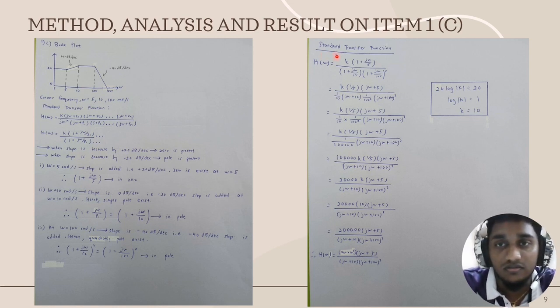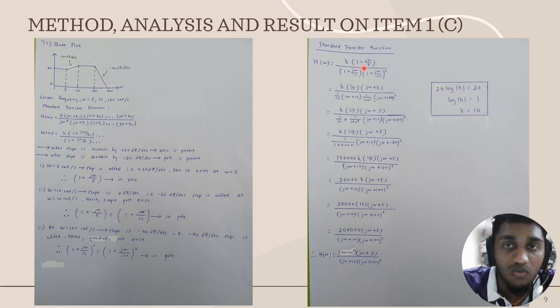This is the standard transfer function formula: a constant times 1 plus j omega over 5, over 1 plus j omega over 10, times 1 plus j omega over 100 squared. Then we must input the data from the board, and we must know that 20 log constant equals 20. This is the 20 from here because the starting point is 20.